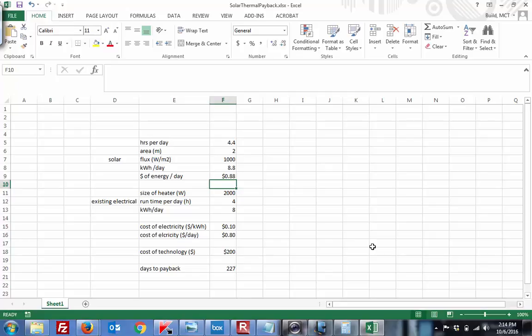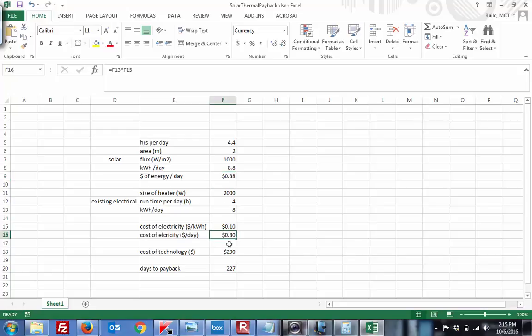Now, in a more complex system, you would almost certainly have the system even larger, maybe double the size of your existing, double capacity. And you'd have some kind of solar thermal storage built in so that if it's not sunny, you can sort of get through the next few days.